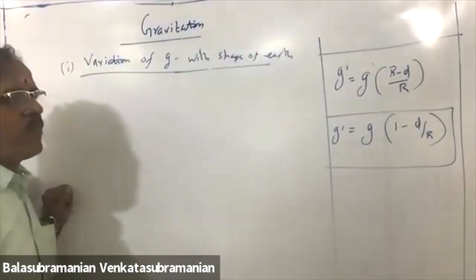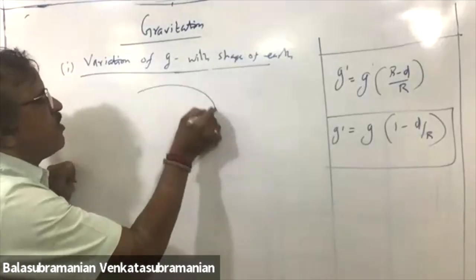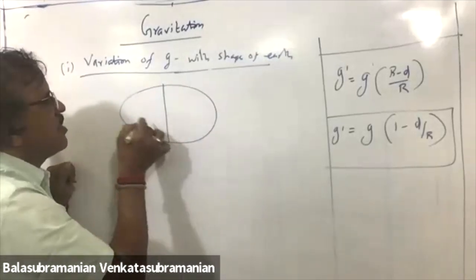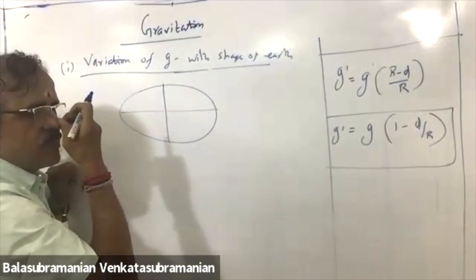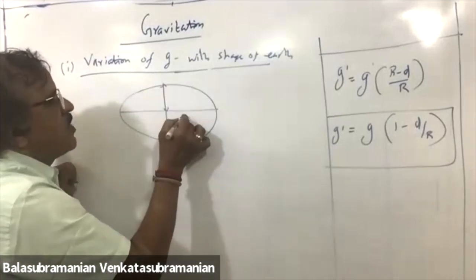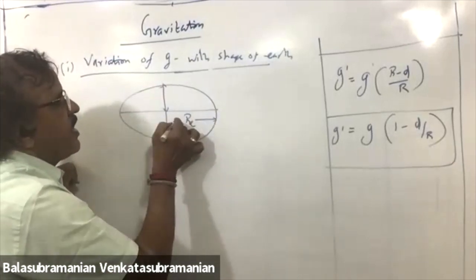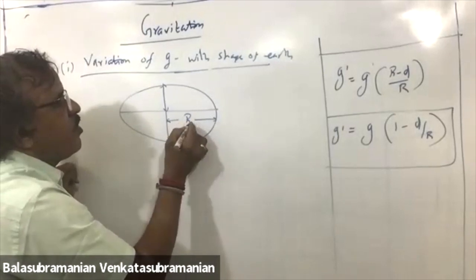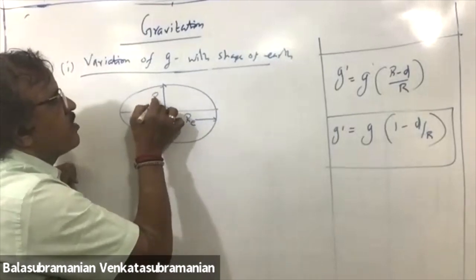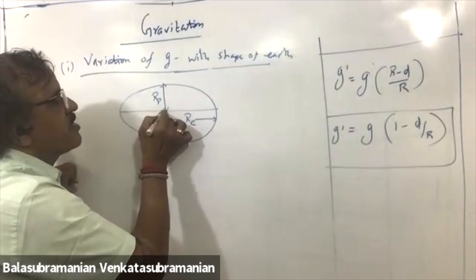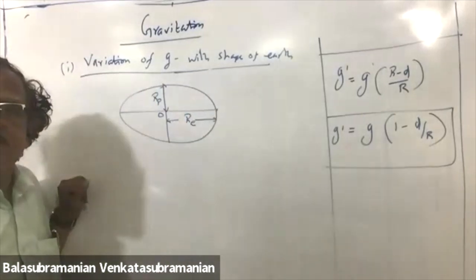What is meant by the shape of the Earth, sir? It is not a perfect sphere, it is an ellipse. Towards the equator the radius is different, towards the pole the radius is different. So this is RP, this is RE.